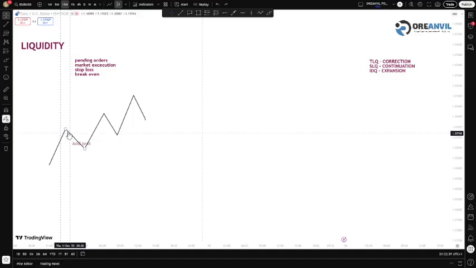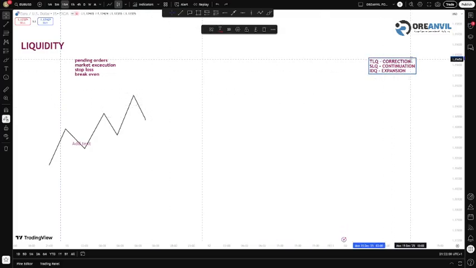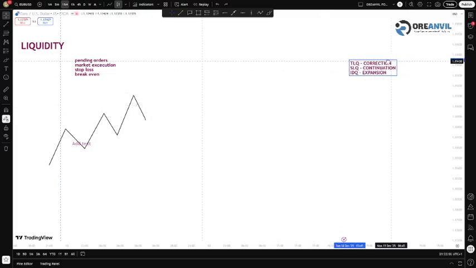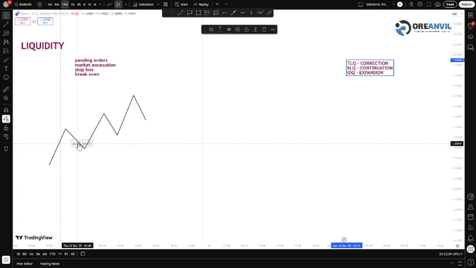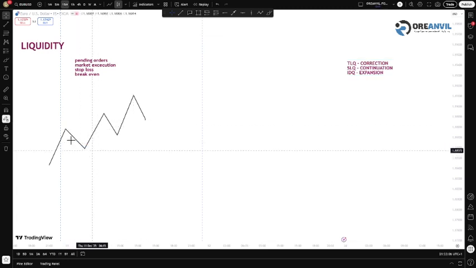For this transaction to be carried out, a transactional liquidity has to be taken out. So a transactional liquidity is responsible for correction. Every correction you see in the market, there has to be a transactional liquidity responsible for it.